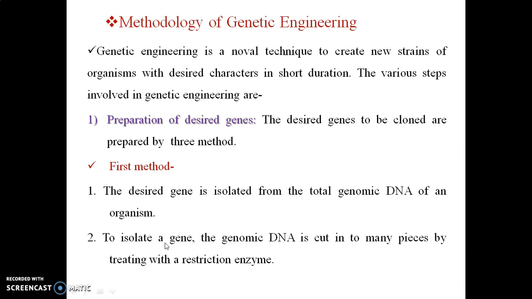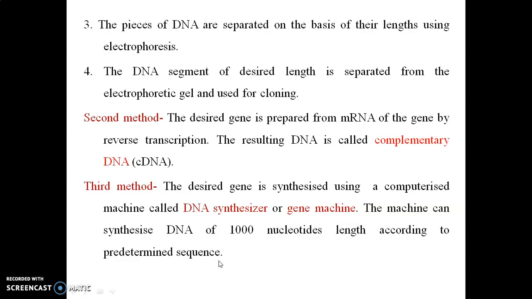To isolate a gene, the genomic DNA is cut into many pieces by treating it with restriction enzymes. The pieces of DNA are separated on the basis of their length using electrophoresis. The DNA segment of desired length is separated from the electrophoretic gel and used for cloning.